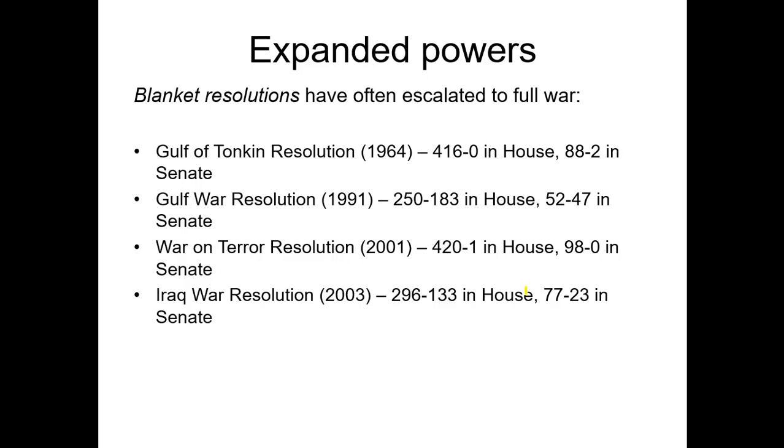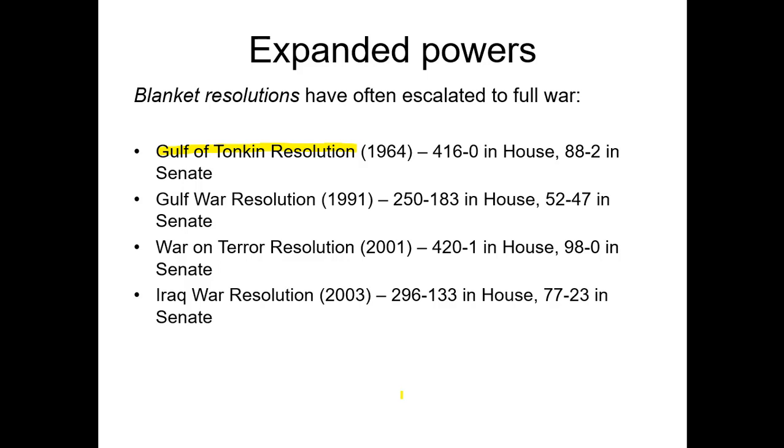Vietnam War, an even more drastic example: the Gulf of Tonkin Resolution was given to President Johnson in 1964, right after it was suspected that a couple of torpedoes had been fired upon one of our ships in the Gulf of Tonkin. Johnson was running for re-election in 1964.